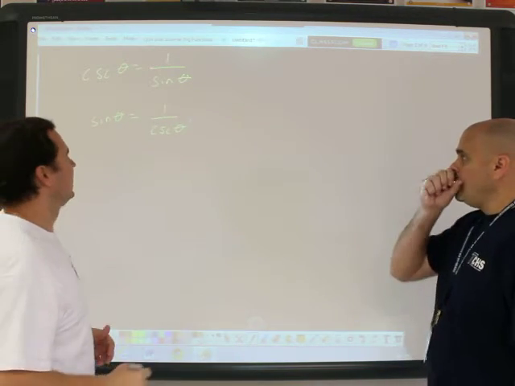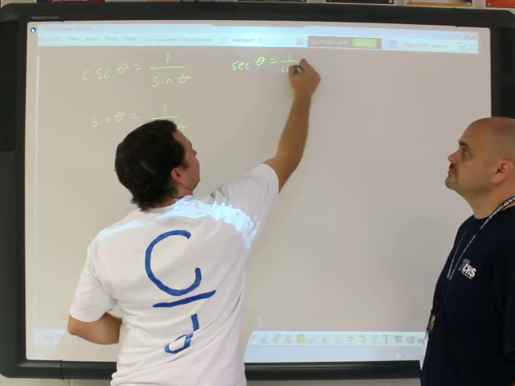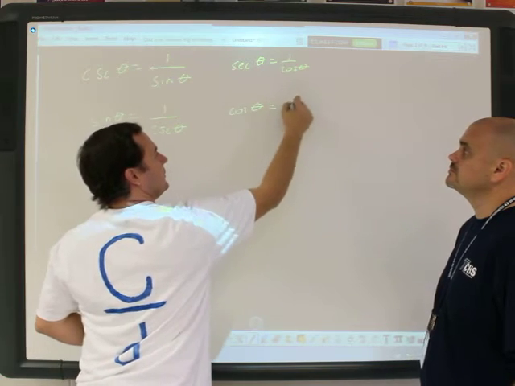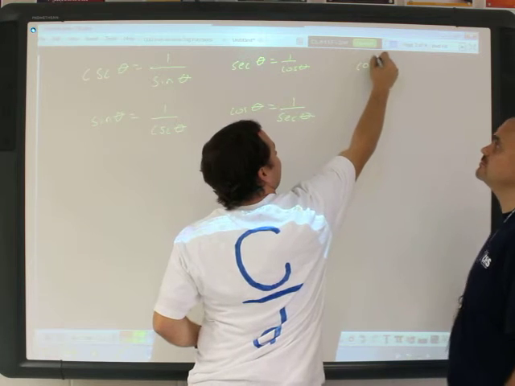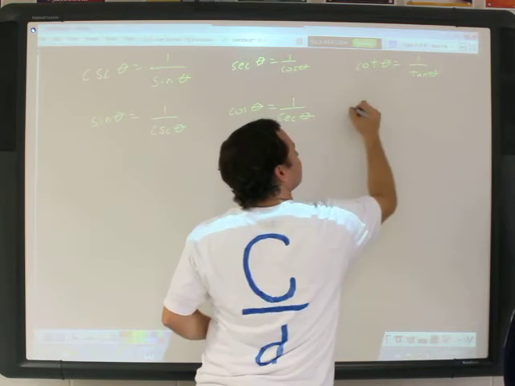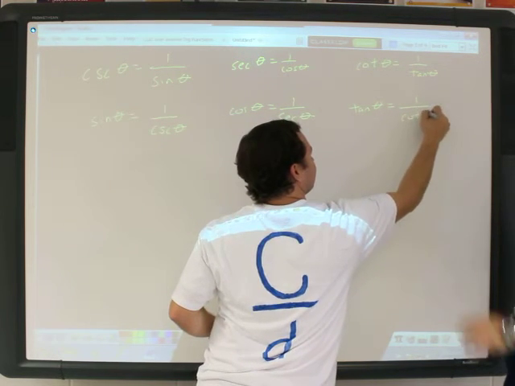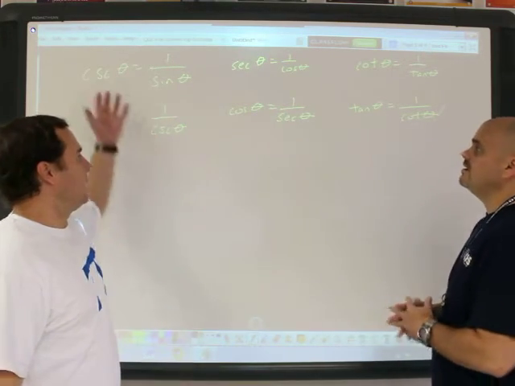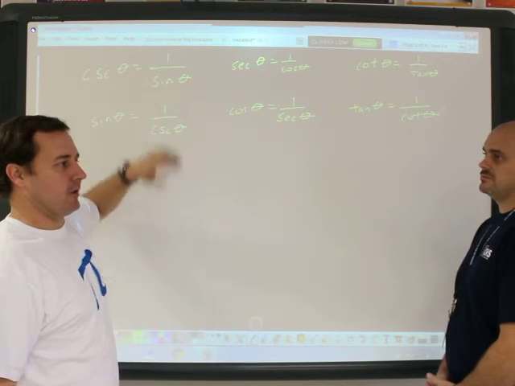And of course, I can do the same thing with secant. If secant is 1 over cosine, cosine is going to be 1 over secant. And with cotangent, then tangent must be 1 over cotangent. So there are 6 reciprocal identities, exactly. And we get 6 by taking each one in 2 different directions.